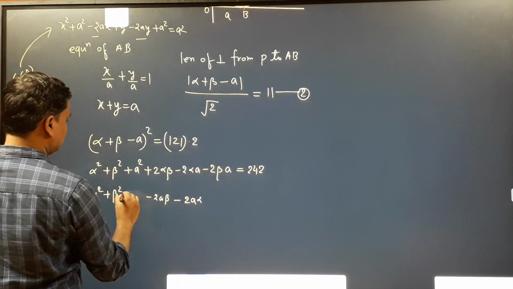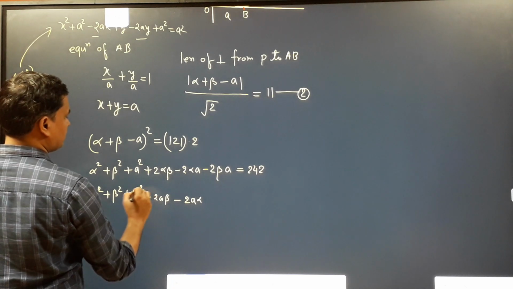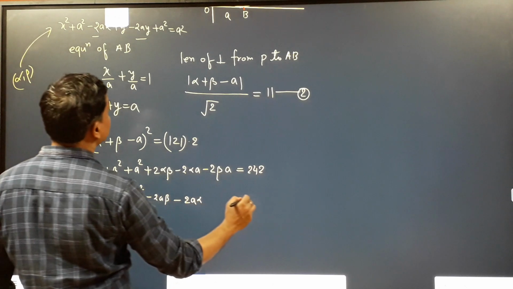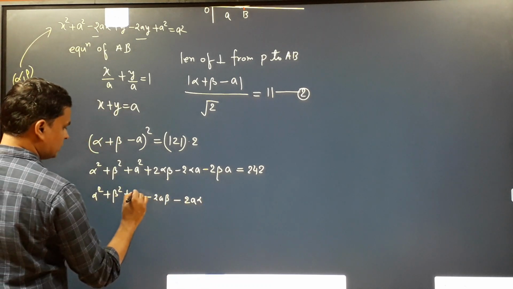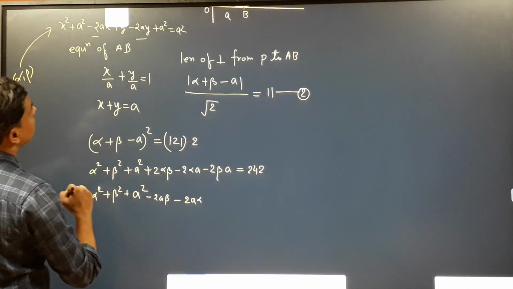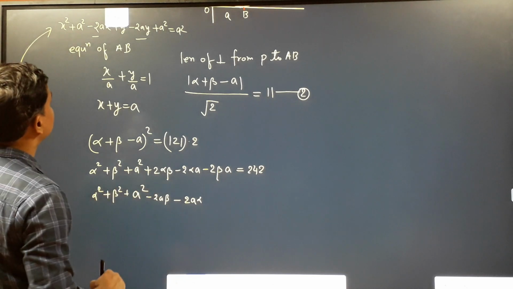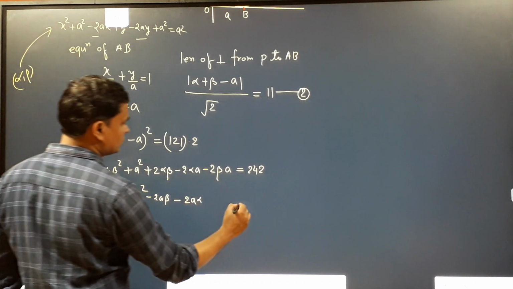So plus 2A square, here 2A square and here A square, that means I will be getting A square here. Now this is equal to 0.